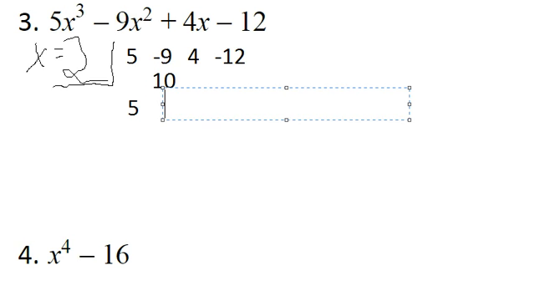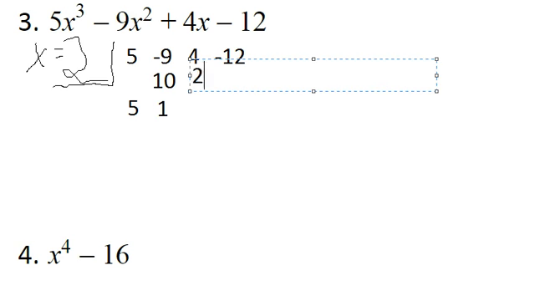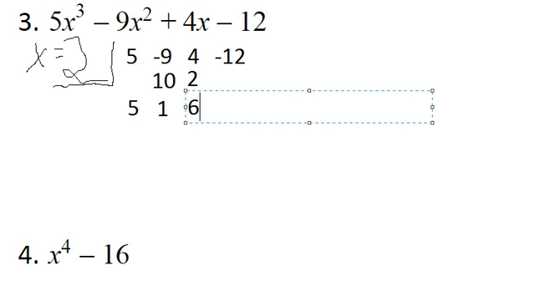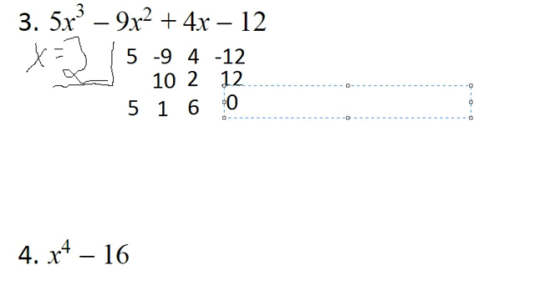So negative 9 plus 10 is 1. Then I take this number, multiply it by what's in the box. I get 2. 4 and 2 is 6. I take this number, multiply it by what's in the box, and I get 12, and I get 0, which is a good thing, because if my remainder is 0, as it is here, that means this is a root, which we already knew. And if we didn't get 0, that would mean we made a mistake.